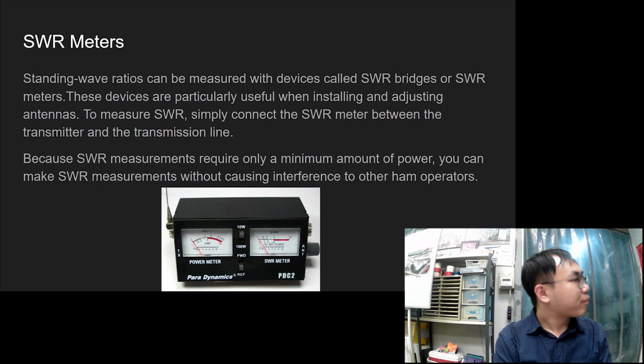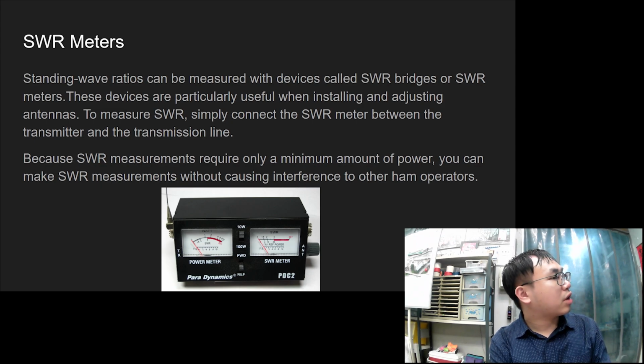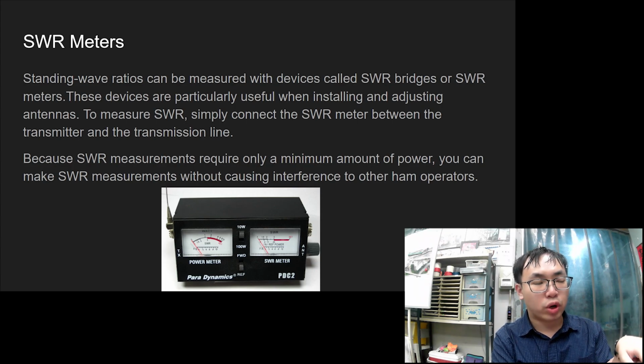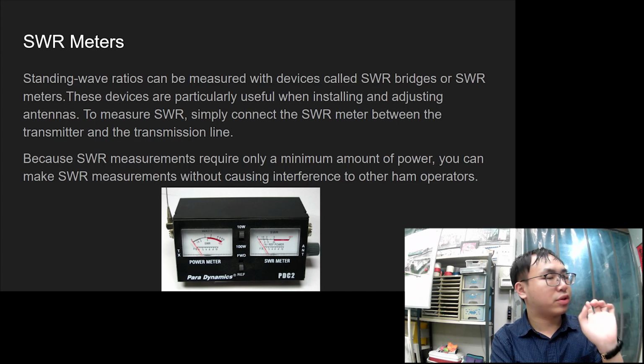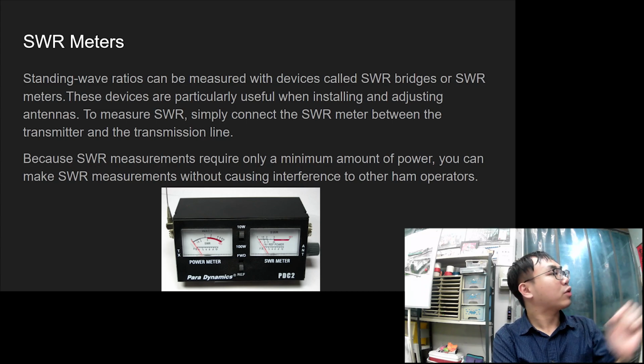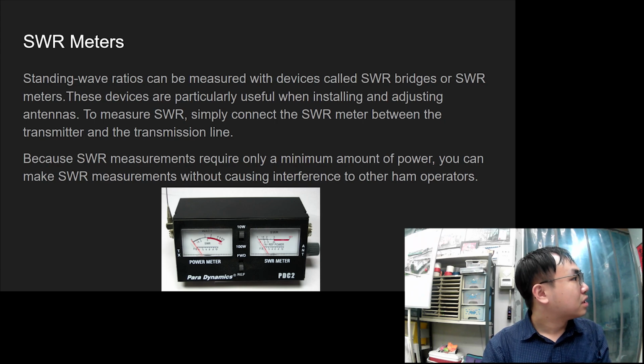So how much reflected power is for SWR 1 to 2? It's about when you emit 100 watts forward, when the backward power is 4 watts, then the SWR is 1 to 2. Yeah, you can calculate it on your own.